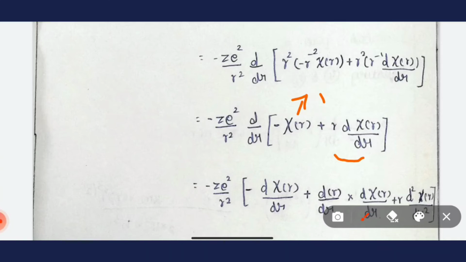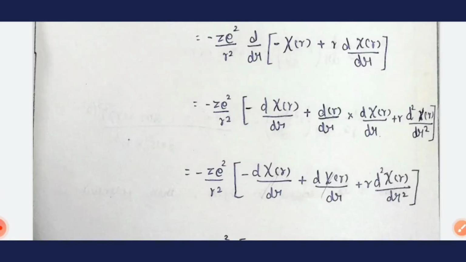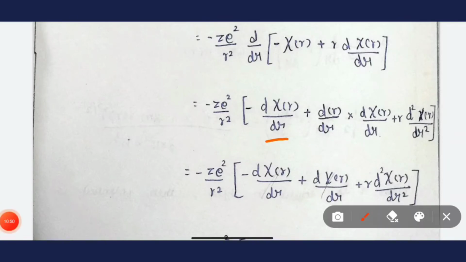So totally there are three terms. On differentiating the first term, minus chi of r, we get minus d chi of r divided by dr. The second term, which is in uv format, I'm going to differentiate in the form of uv, as we have done in the above step.